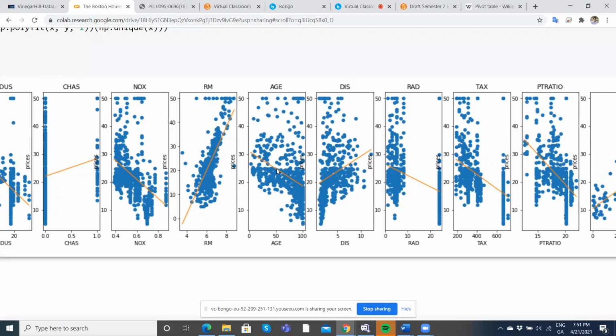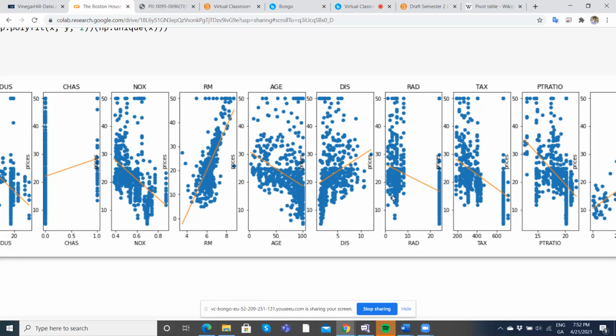If properties are older, they might be better located, in more central districts. The distance, this was the distance to 5 employment centers, and we can see here a positive relationship. But then surprisingly enough, the RAD, which is an index of proximity to infrastructure, like the highway structure, has a negative impact.